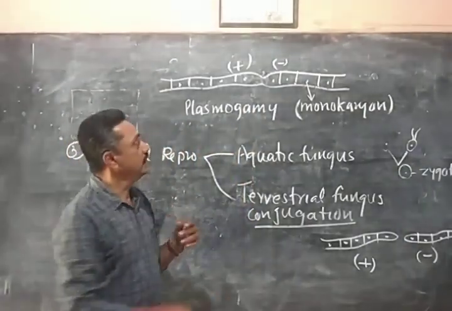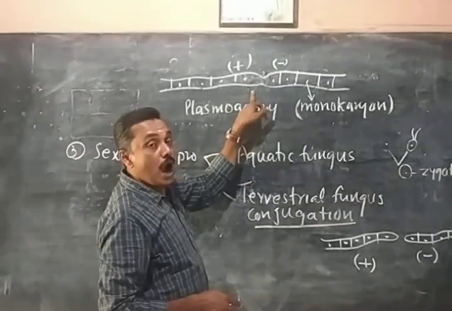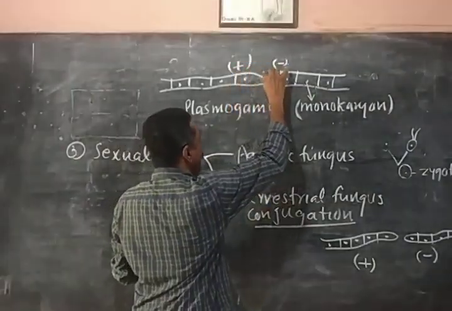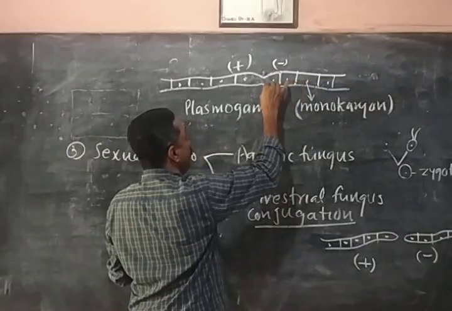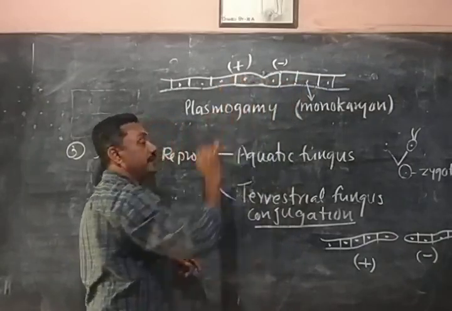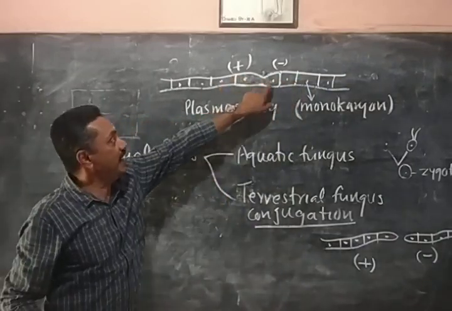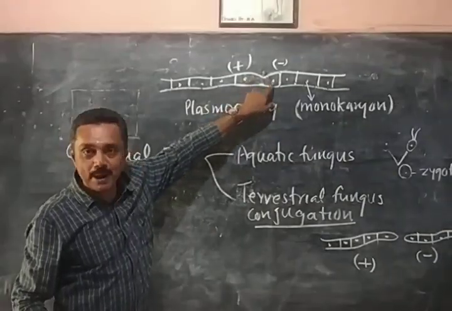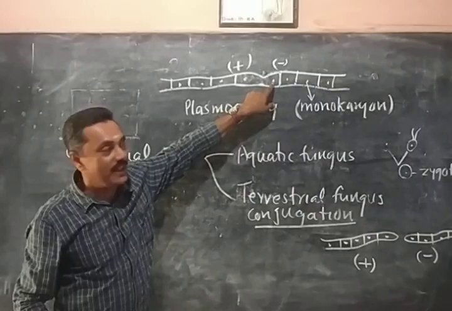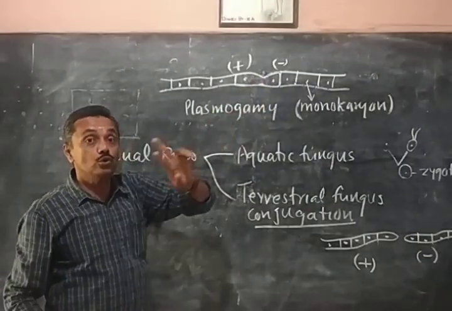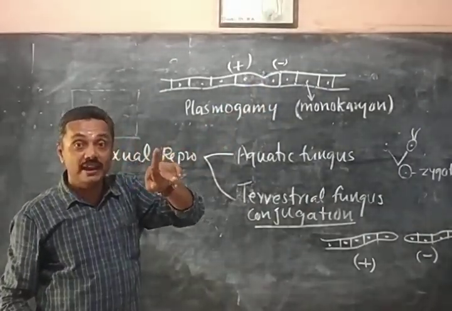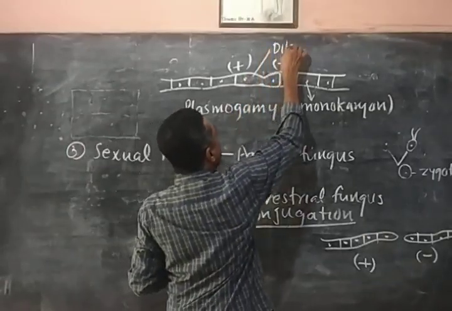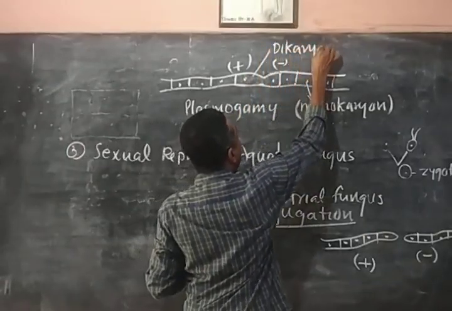After that, how many nuclei does this cell contain? Now this cell contains two nuclei, one plus nucleus and one minus nucleus. This cell containing two haploid nuclei is called a dikaryon, a dikaryotic cell.